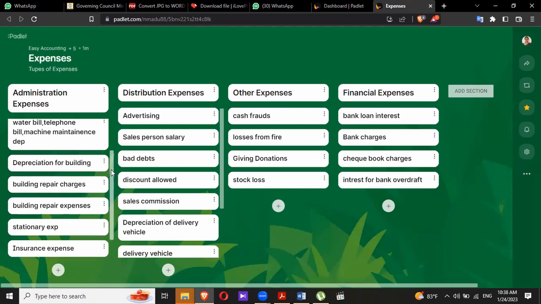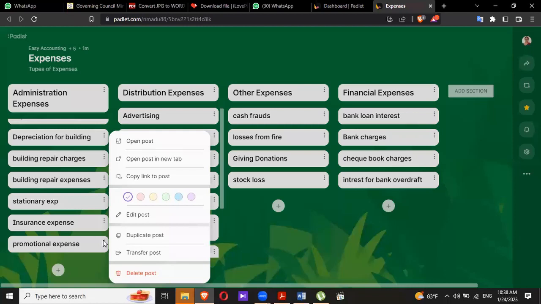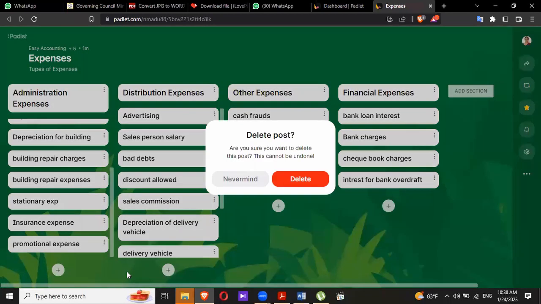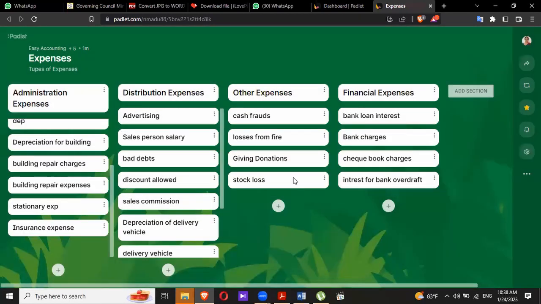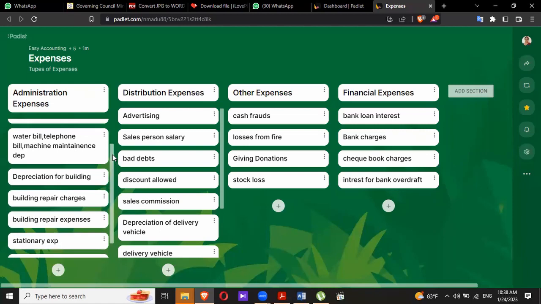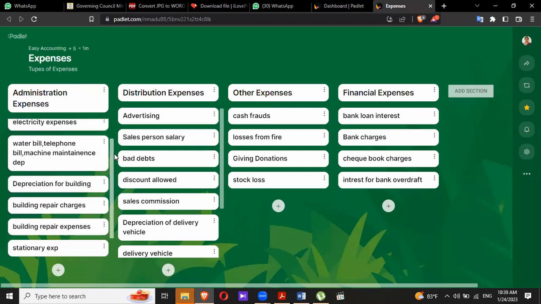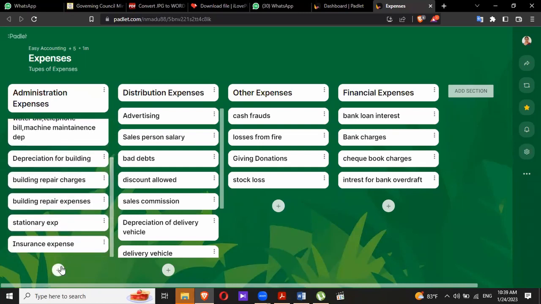Stationery expenses, insurance expenses, promotional expense does not come under this, right? Promotional expense comes under distribution. Please add it under the distribution, right? Promotional means sales, related to sales. So it does not come under the administration, right? You didn't add salary and wages, right?